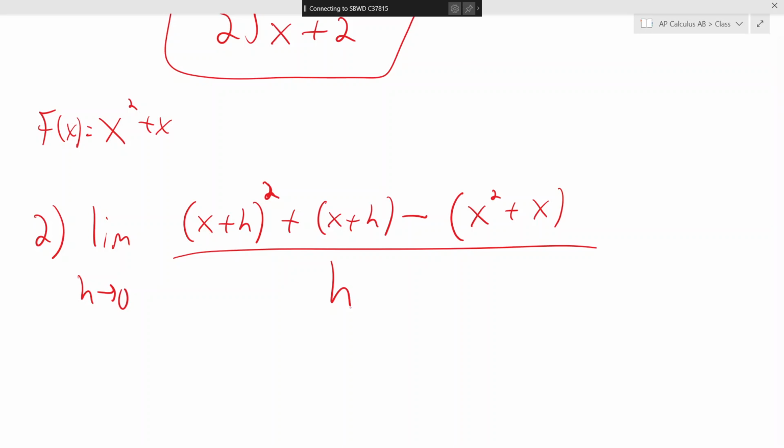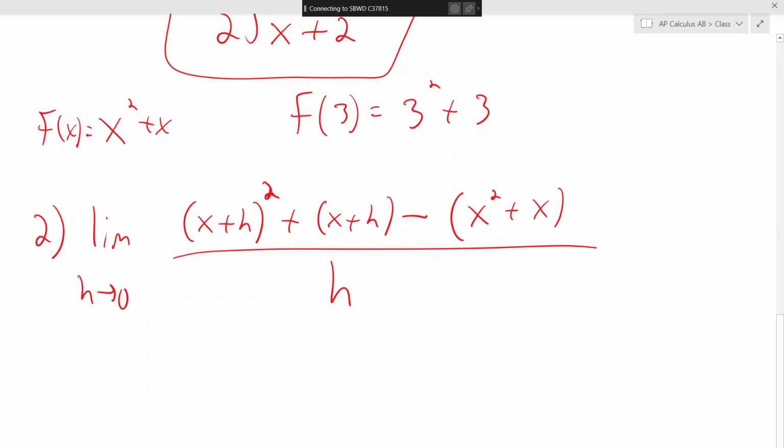So that's the basic setup. Am I not okay with where that came from? What's up? Why put a square instead of x minus h? All right, it's squared because our function is x squared plus x, right? So I'm rewriting that function, but everywhere I see an x, I'm putting an x plus h. You know this. F of 3 would be 3 squared plus 3, right? That's what f of x does.